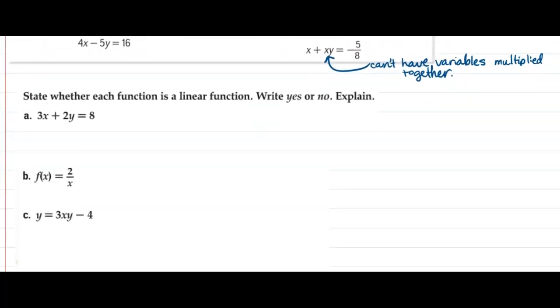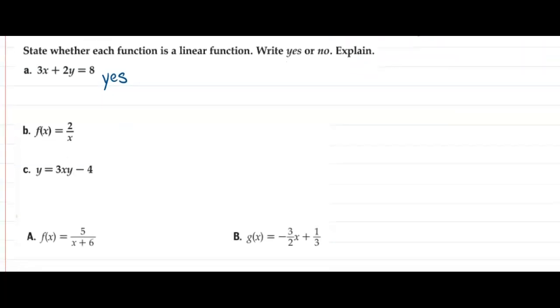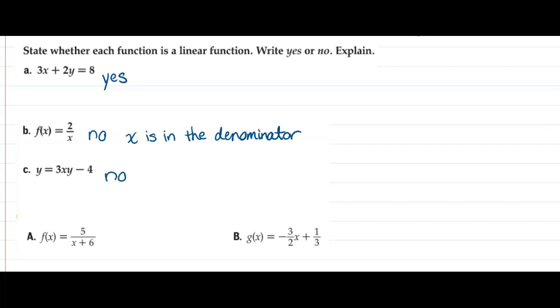Are these linear functions? Yes. This is a linear function because everything's raised to the first power, nothing's in the denominator, and none of the variables are multiplied together. What about this one? No. X is in the denominator. How about this one? No. We cannot have variables multiplied.